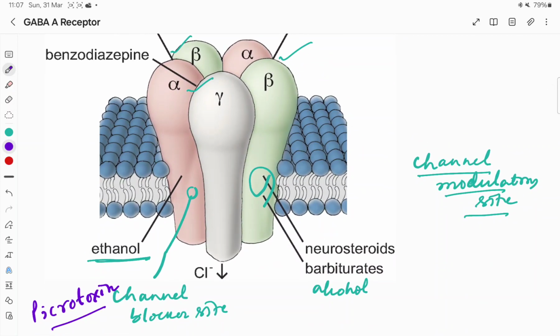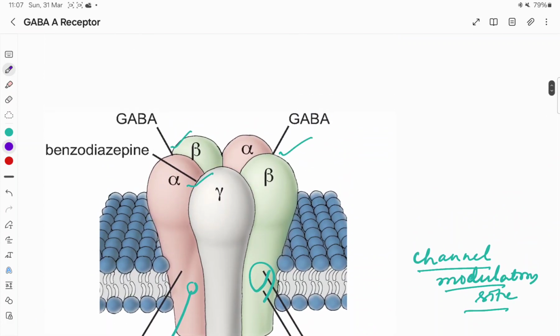So one is the receptor site to which GABA binds, and another is the receptor modulator site to which benzodiazepines bind.